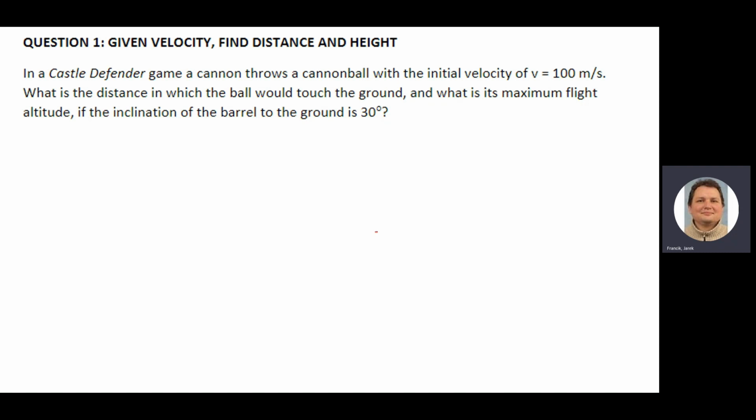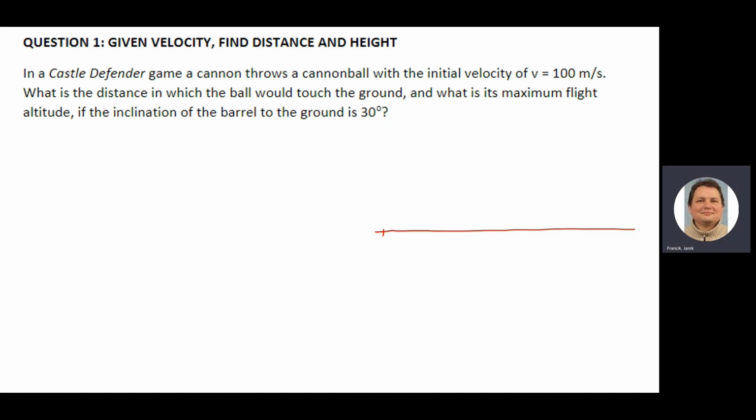So the situation is like this. This is the ground, okay? Let's say that the cannon is here. And just for simplicity, I know that the cannonball normally starts like a meter above the ground, okay?